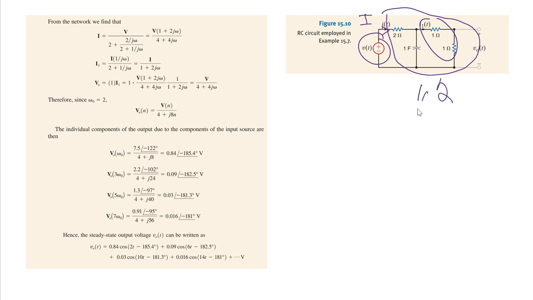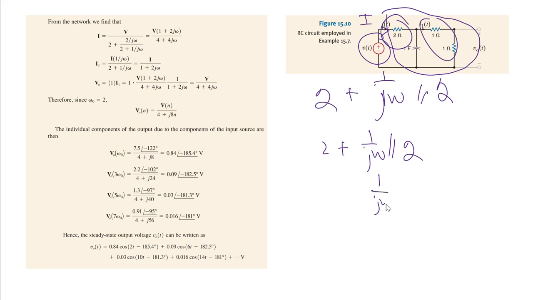So 2 in parallel with 1 farad, which is 1 over j omega, and that is in addition with this resistance 2. So 2 plus the parallel combination of 1 over j omega and 2. This is the path resistance, and it is calculated like this: 1 over j omega plus 2, and its whole inverse.